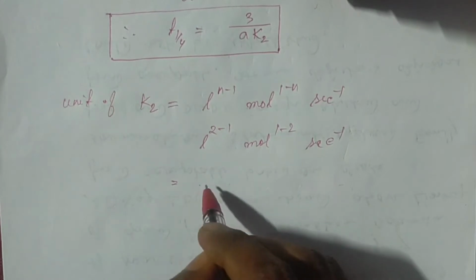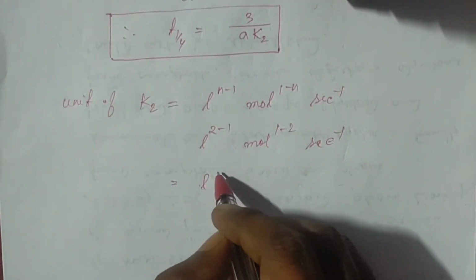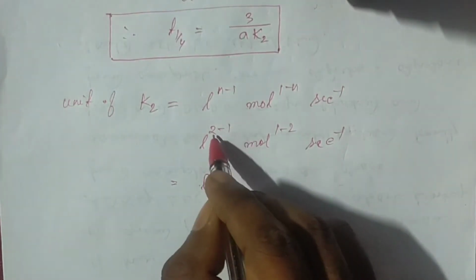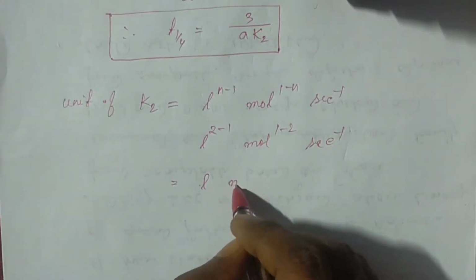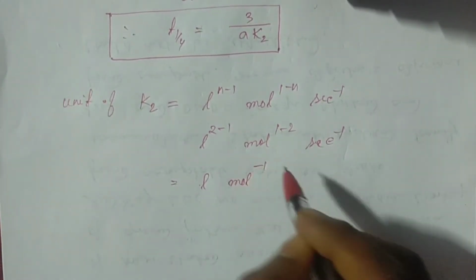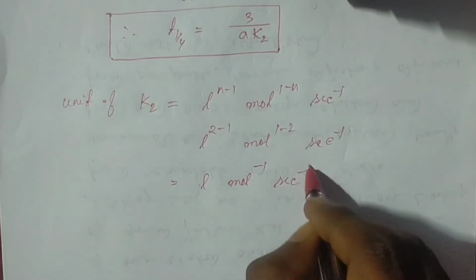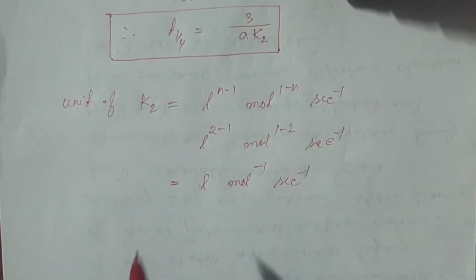So it will be liter, 2 minus 1 is 1, and mole will be inverse, and second inverse. Okay, so this is the unit of rate constant for second order reaction.